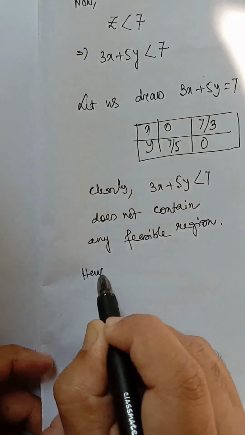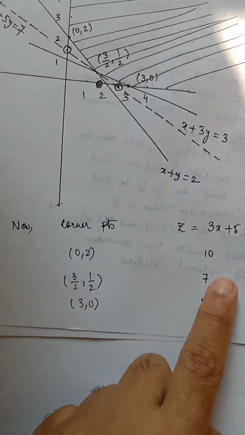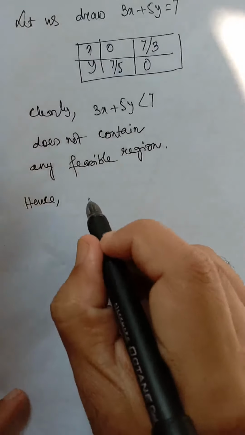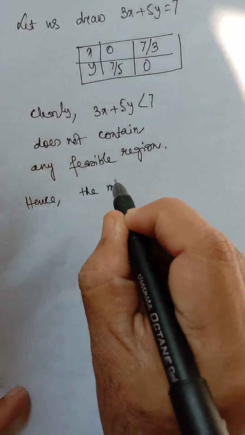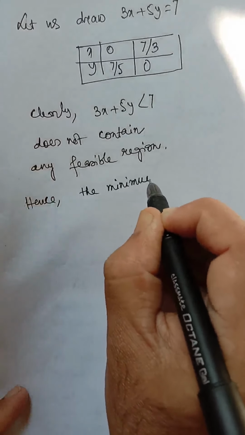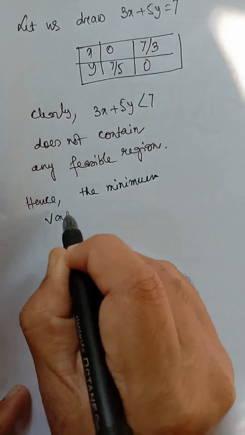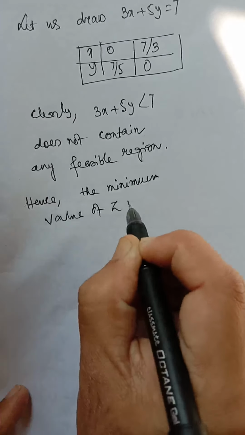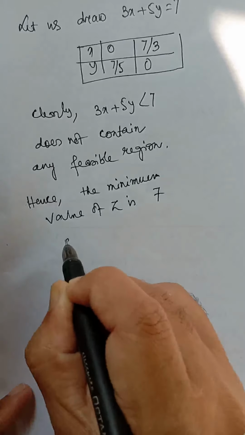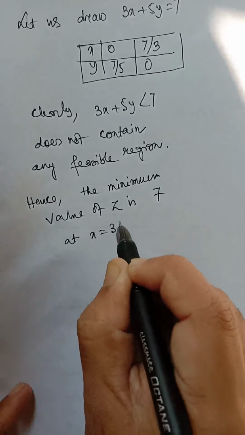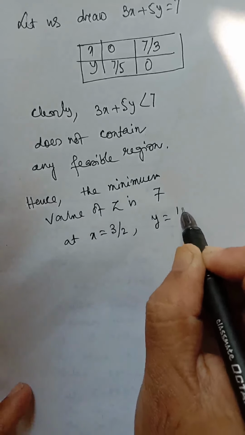Hence, now we can conclude the minimum value of z is 7 at x equal to 3 by 2, y equal to half.